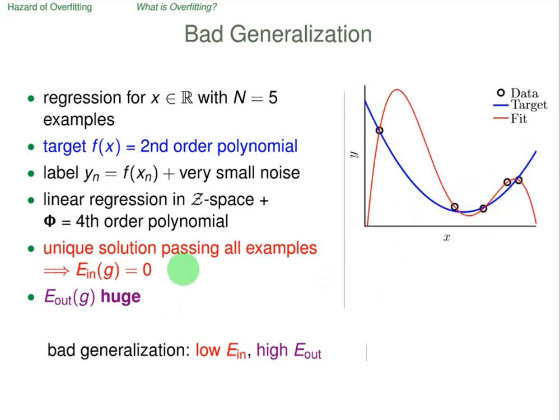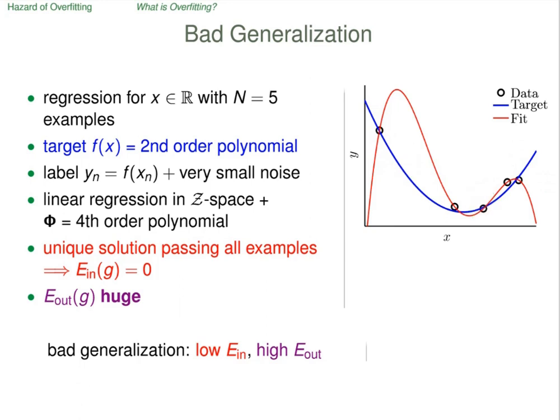And if we were then to use a fourth order polynomial, such as the red one here, to fit these points that were generated by our second order target polynomial, we would get a very large out of sample error. However, the in sample error would be very small because a fourth order polynomial is flexible enough to fit all the points. Okay, and as we said, the original 5 points contain noise in the data.